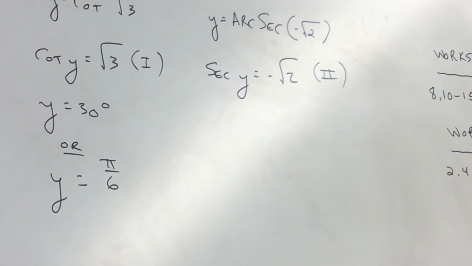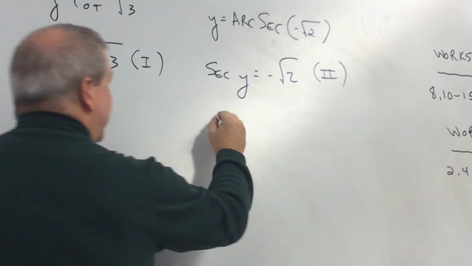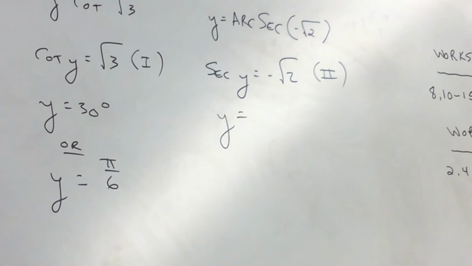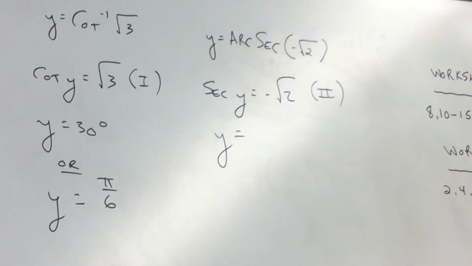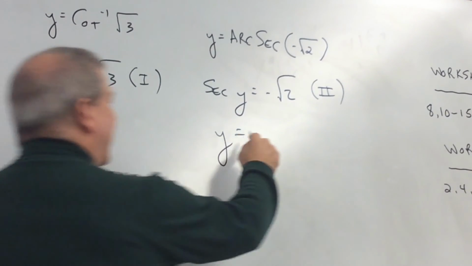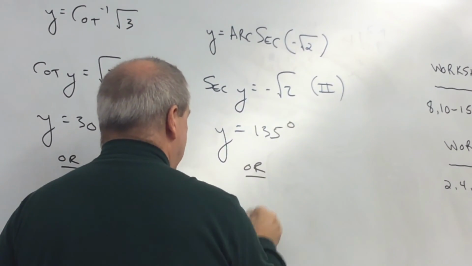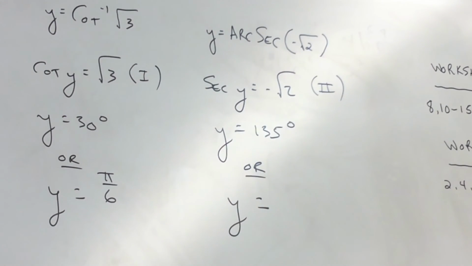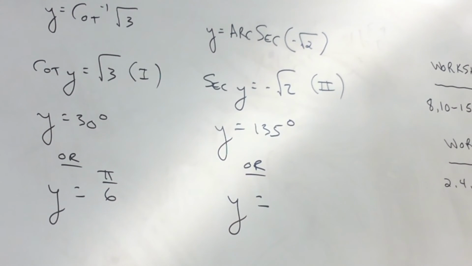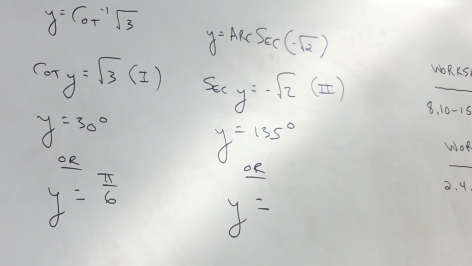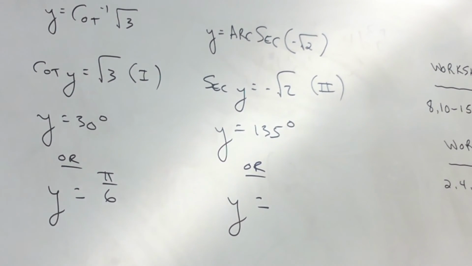Okay, that's not the answer though. This is quadrant 2. What's the angle in the second quadrant that has the 45-degree reference angle? John? 135. Gotta know your special angles. Now, what if that said radians? 45-degree increments is so many pi over 4, right? Howard? 3 pi over 4.